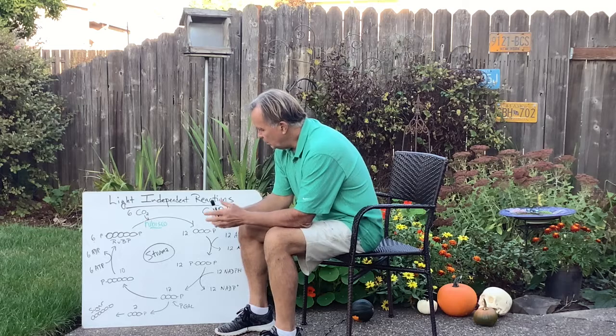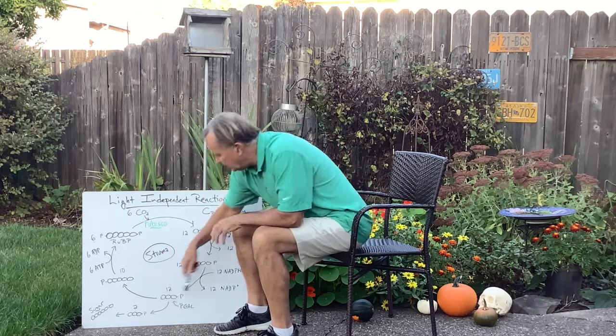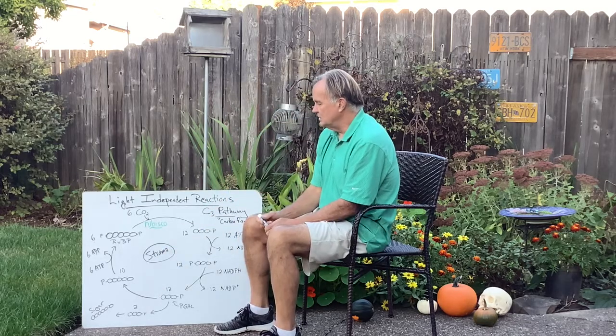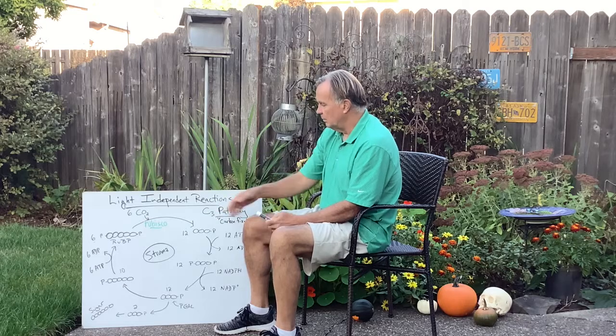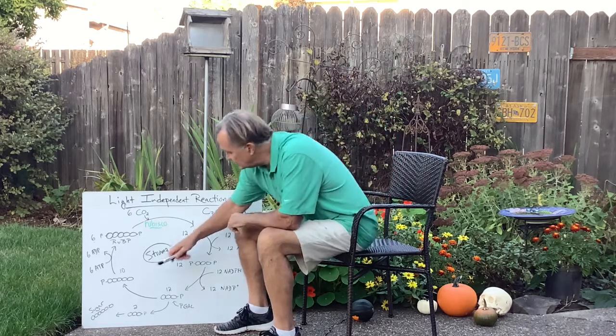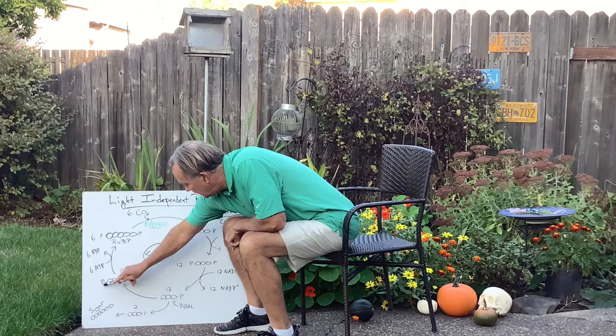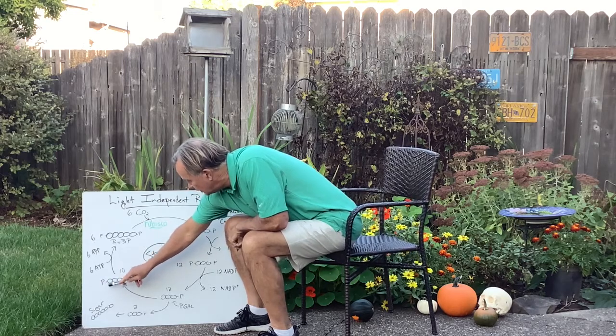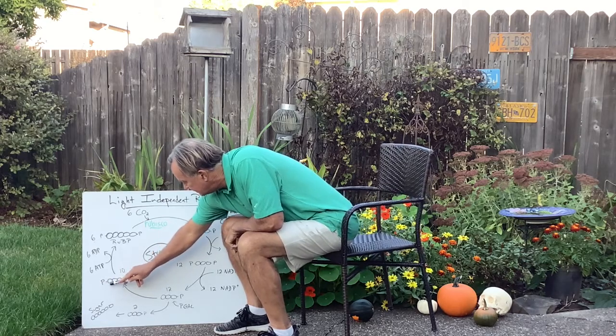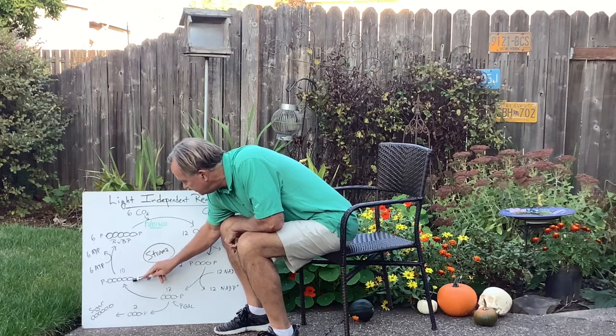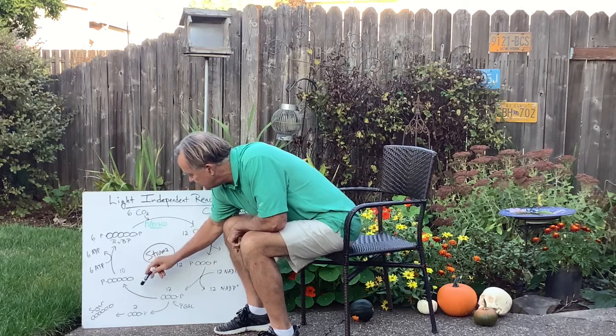So it rearranges. These are all enzymatically controlled reactions. This is somewhat simplified, but there's a series of reactions. You end up with a phosphate, so it's like ribulose phosphate. You have these 5-carbon molecules here.